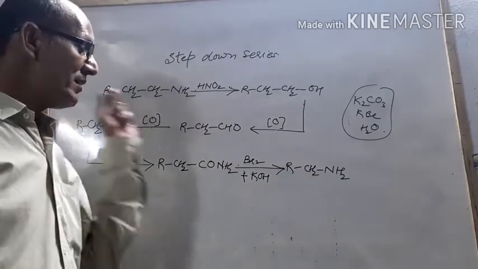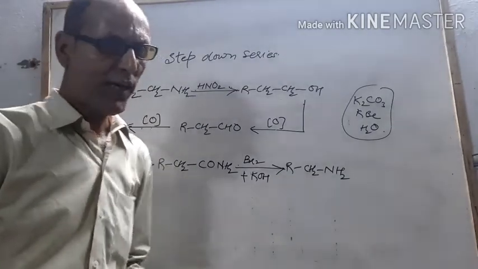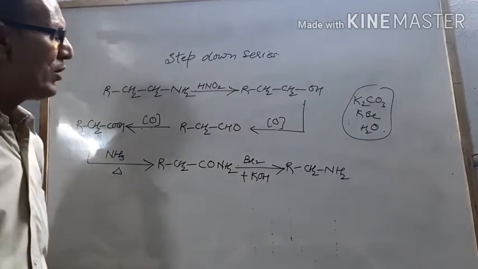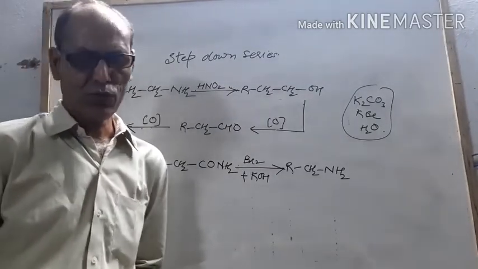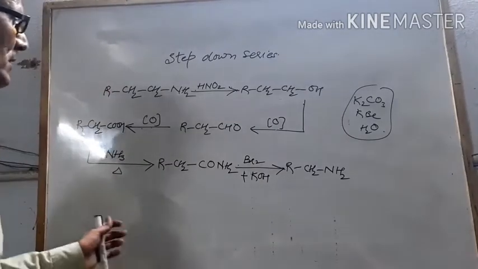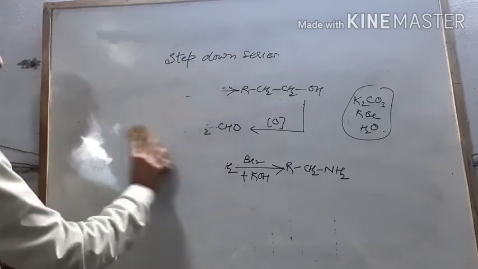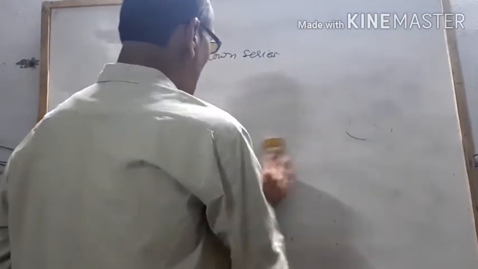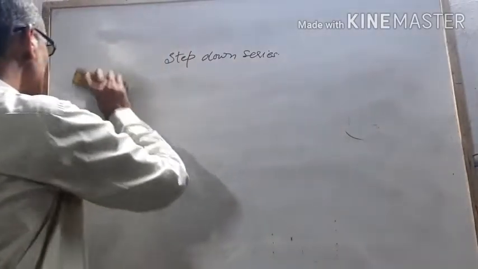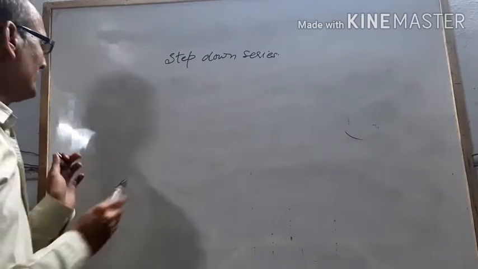By this conversion we can also do the carboxylic acid step down series. Suppose you want to convert propanoic acid to ethanoic acid. Propanoic acid has 3 carbons, and you want to convert this 3 carbon carboxylic acid to a 2 carbon carboxylic acid.